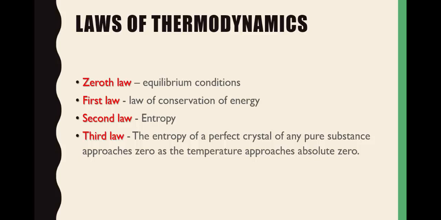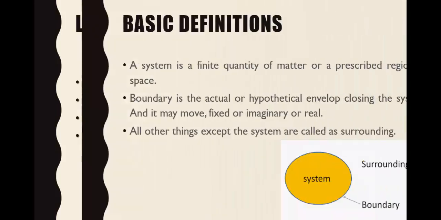So the third law defines the Kelvin scale temperature. From 0 Kelvin only we do all the calculations in thermodynamics and heat and mass transfer. So the third law of thermodynamics defines absolute zero, or 0 Kelvin, and the Kelvin scale.